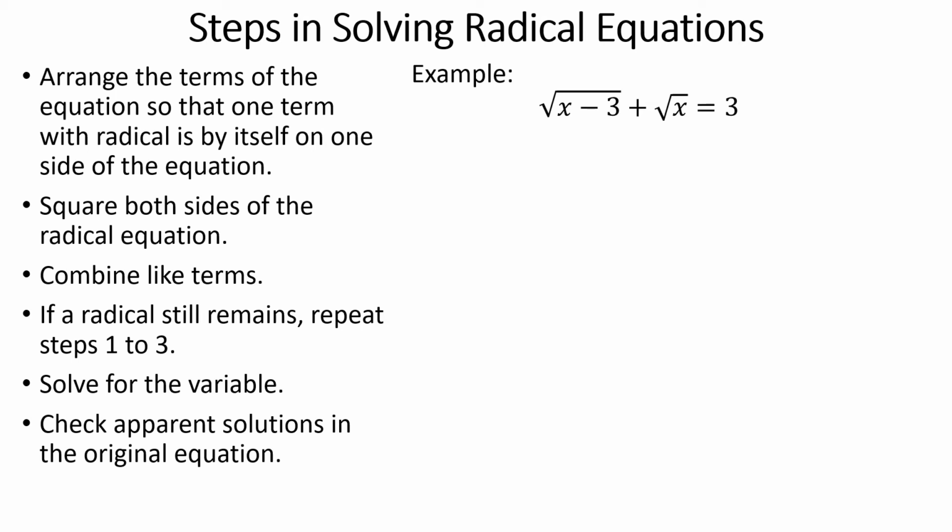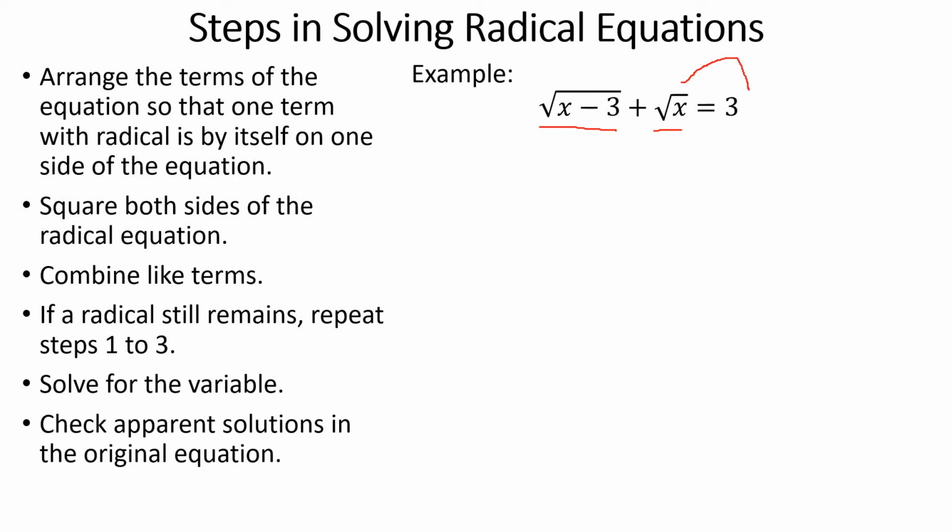So, as you can see, may square root yan, tapos may square root din dito. So, ang gagawin po natin, we have to arrange the terms so that one term with radical is by itself on one side of the equation. There are actually two ways para po masolve yan. But we will go with the less complicated one.